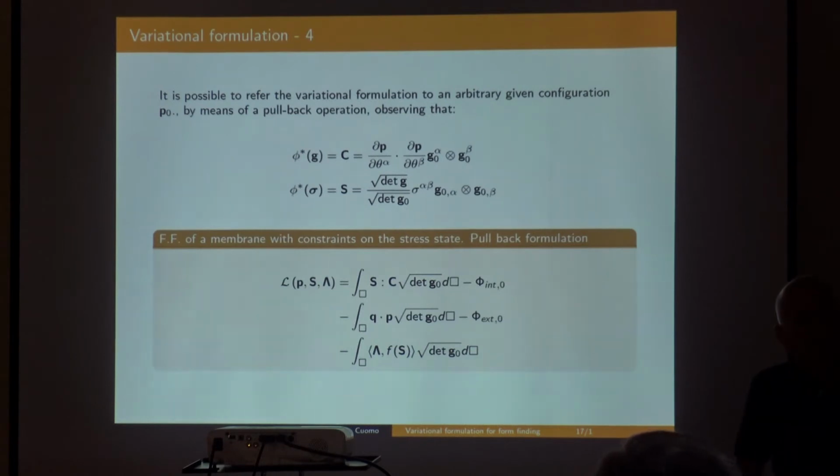The pullback of this Cauchy stress is the second Piola stress tensor. And so we can reformulate everything in this reference configuration, in this arbitrary configuration. And in this case, I will call capital lambda the Lagrangian multiplier.